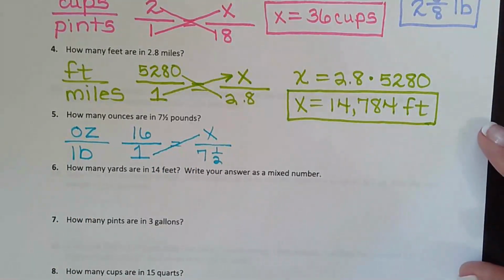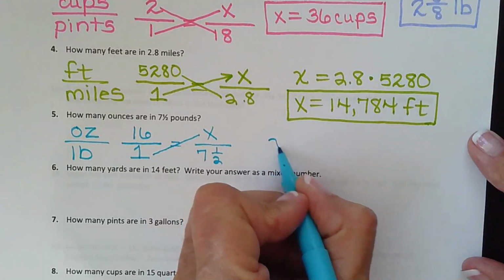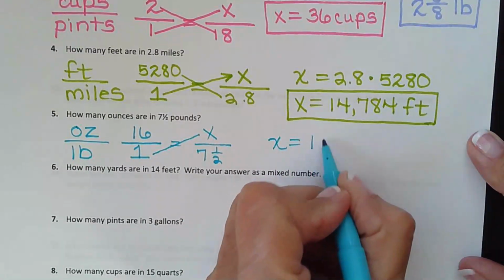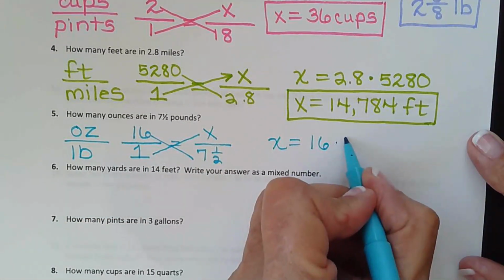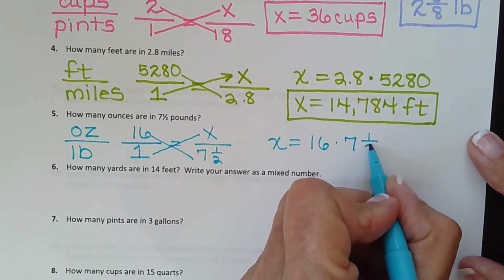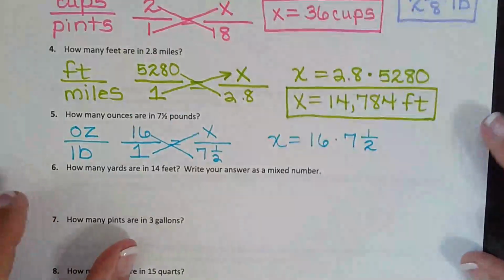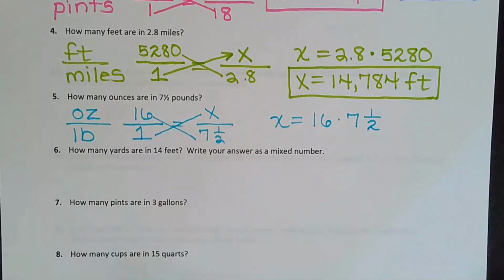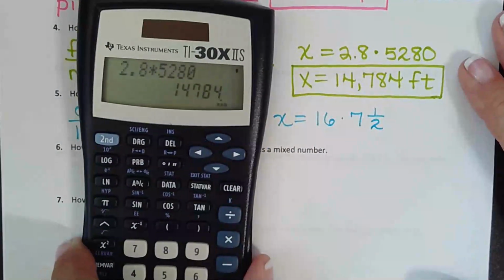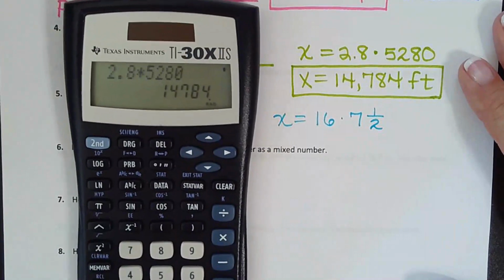Well, 1 times x is 1x, or just x. And then in the calculator, we're going to do 16 times 7.5. So I don't know if any of you have forgotten how to type in a mixed number to the calculator, but if you have, watch closely.